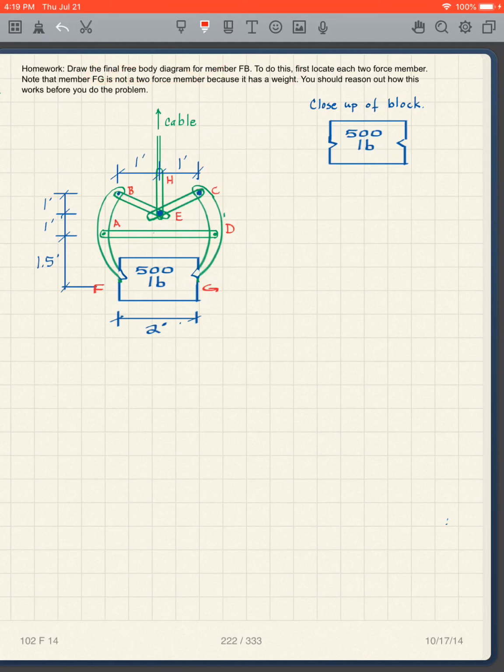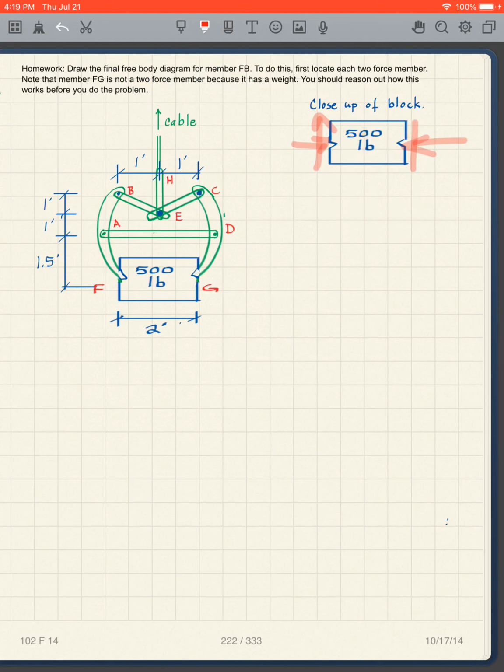In other words, this is FG here, and what do we see? Well, we have forces at points F and G, X and Y, but we also have the 500 pounds here. So that is not a 2-force member because I have this 500 pounds in the middle.